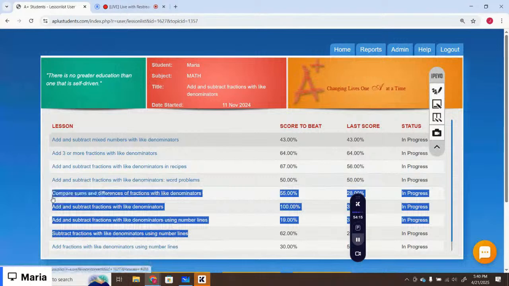The lessons we have covered today are compare sums and differences of fractions with like denominators, add and subtract fractions with like denominators, add and subtract fractions with like denominators using number lines, and subtract fractions with like denominators using number lines. So please make sure before the next session you complete all the practice questions for the lessons you just did. That is your homework until next session.